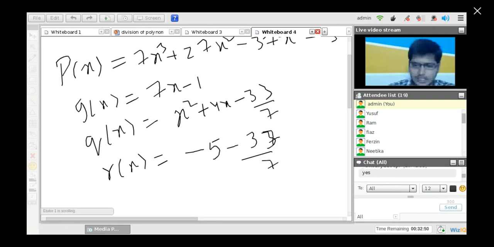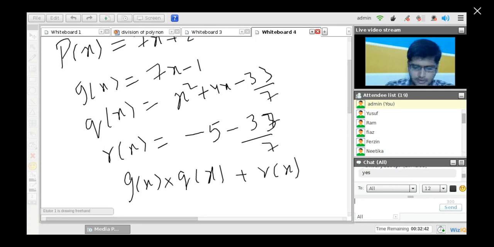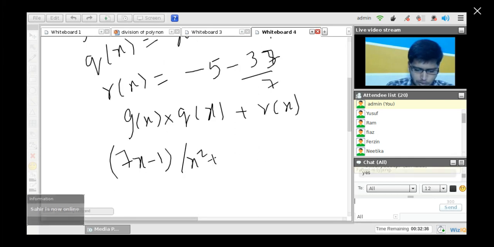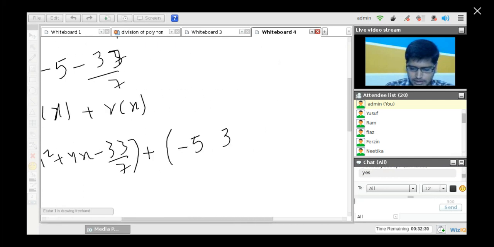Now, as per the division algorithm, it is nothing but g of x into q of x plus r of x. For that, what I am going to do is 7x minus 1 into x square plus 4x minus 33 by 7 plus minus 5 minus 33 by 7.